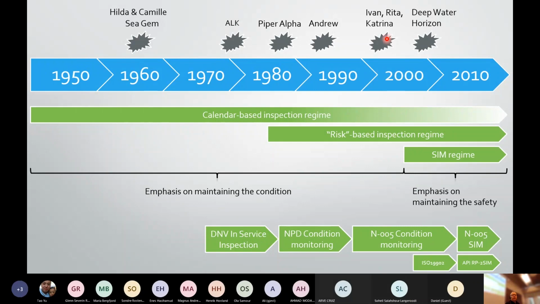And then we got into a lot of these Ivan, Rita, Katrina accidents, and this more SIM regime got more attention, and that is, well, it's not just inspecting whether it's cracks or corrosion on this structure. We have to look at the whole, everything that has to do with the safety of the structure.